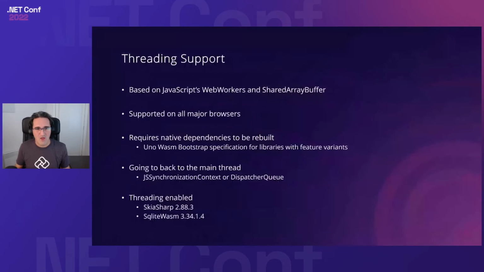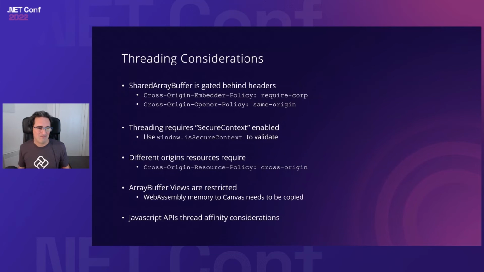Now, threading is all shiny, but there are many things that may not work completely there. For instance, running with threads requires a specific set of headers. You need to set the COOP and COEP headers, and those enable what is called a secure context. That secure context basically prevents you from accessing many things.